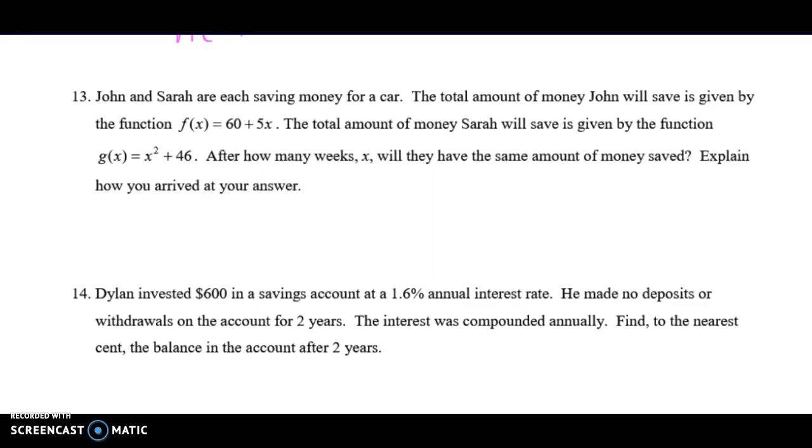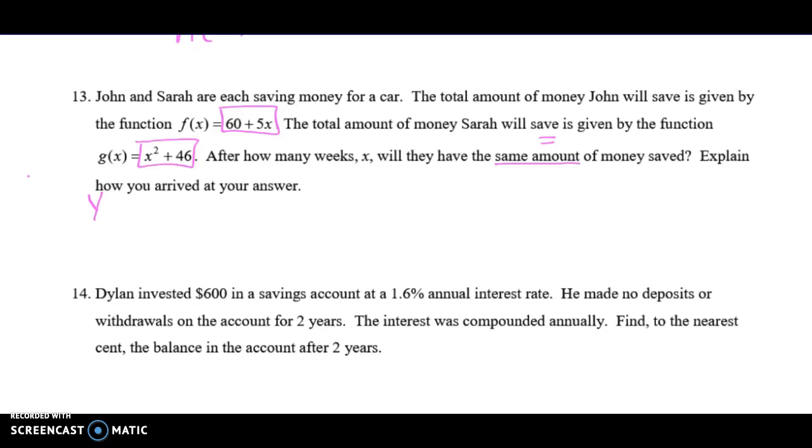We can do it algebraically, and we can show them, for the same amount of money, that means they have to be equal. So algebraically, we could set x squared plus 46 equal to 60 plus 5x. We could also use our calculators.